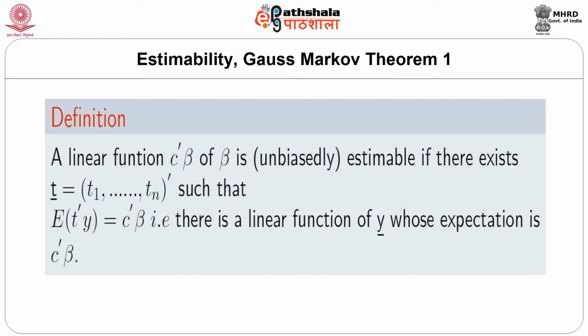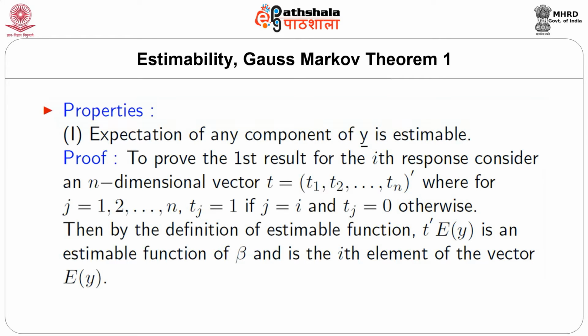Here are some properties. 1. Expectation of any component of y is estimable. In fact, expectation of any linear function of y has to be estimable right from the definition. But here is the rigorous proof. To prove the result for the ith response, consider the n-dimensional vector where the ith component is 1 and all the other components are 0.